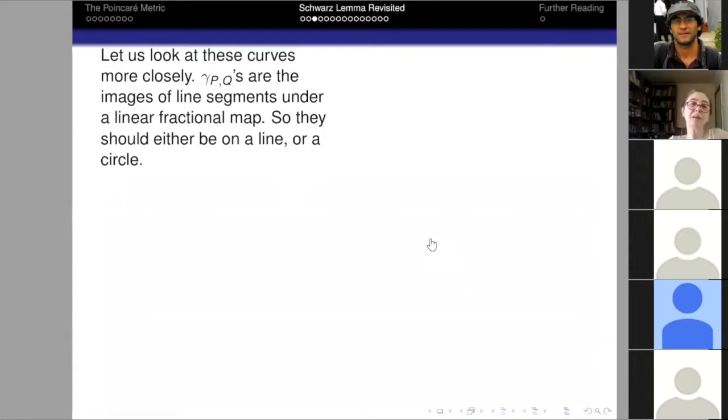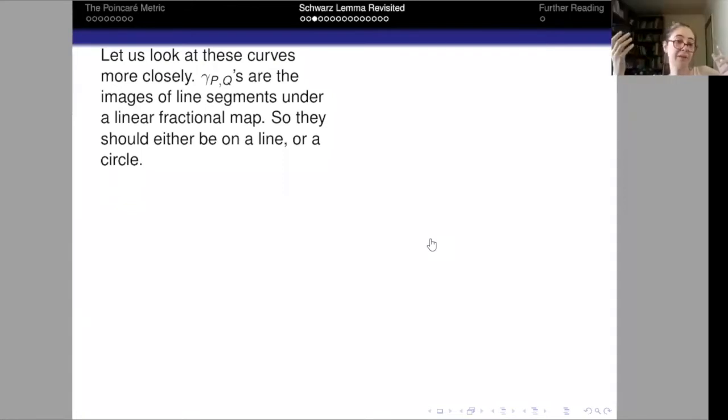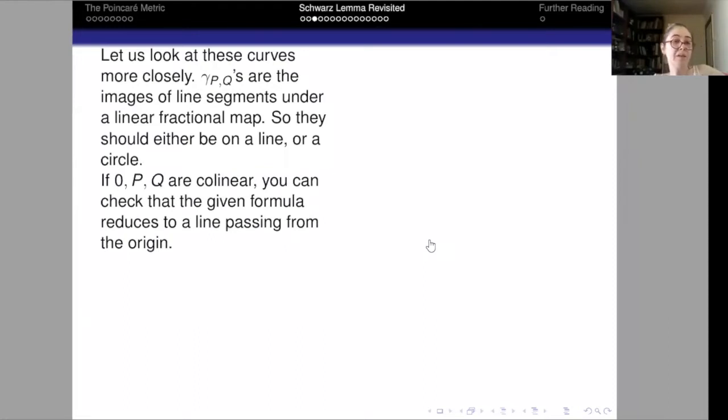Now, let us look at these curves more closely. Gamma PQs are the images of line segments. You take a line segment and you look at its image under a linear fractional map. So what they should be is either a line or a circle in the Euclidean sense. So if 0, P, Q are collinear, you can check that the given formula reduces to a line passing through the origin.